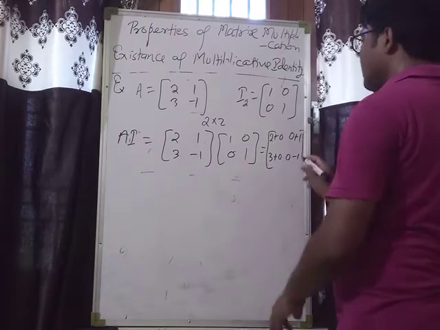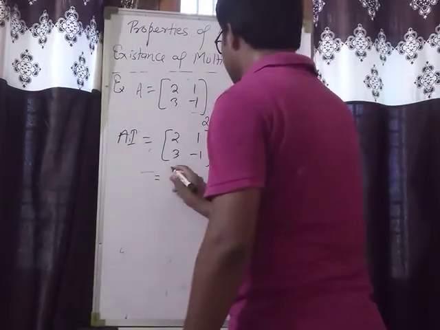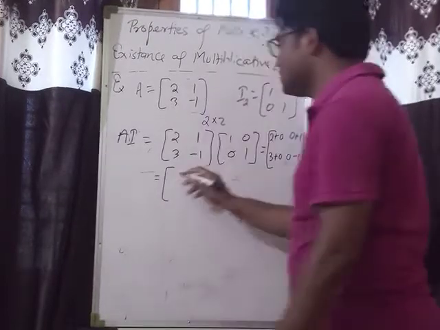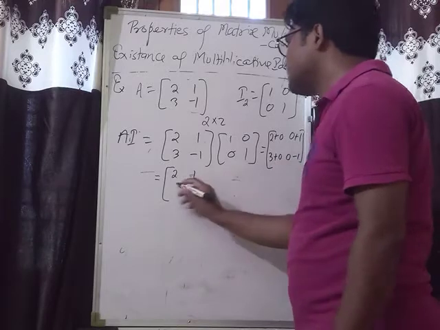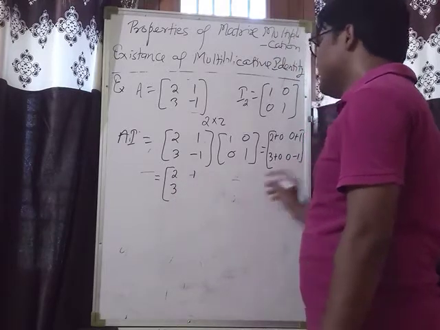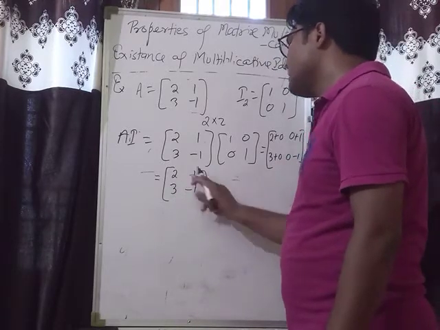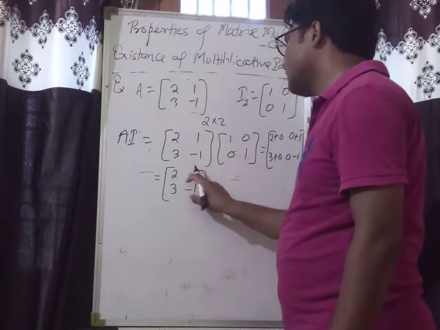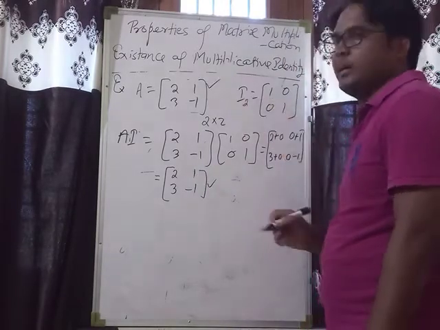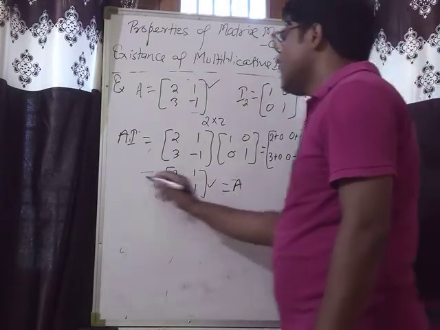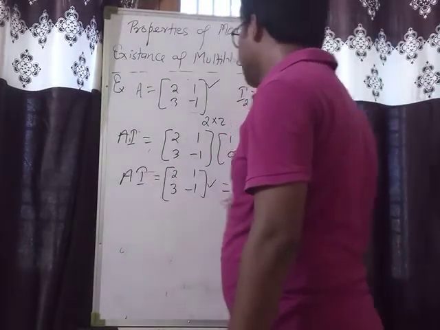So it will become 2 plus 0, 2, 0 plus 1, 1, 3 plus 0, 3, 0 minus 1, minus 1. So you can check, this is actually equal to A. Means A into I is A.